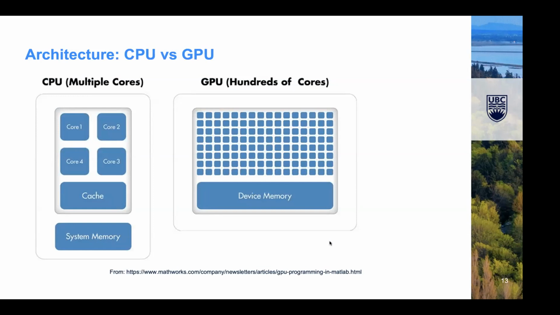So again, a very simplified diagram looking at the architecture of the CPU and the GPU. From what you can see of the CPU, it's made up of multiple cores. Your standard desktop computer may have 6 to 8. A really high-powered workstation might have 16 to 24.